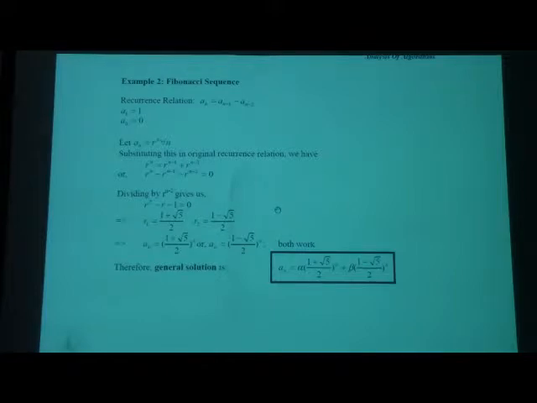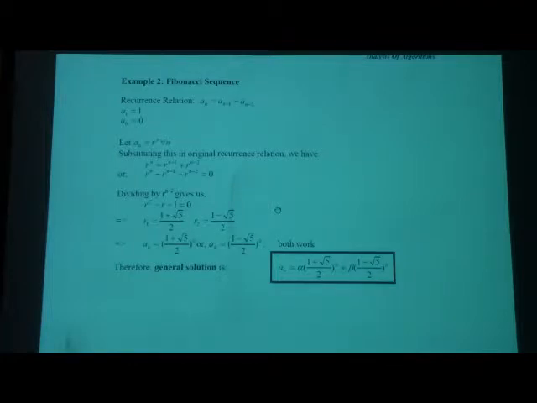We again divide by r^(n-2), and that gives us a constant here, a linear r here, and a quadratic r here. When we look at this equation, which is now a quadratic equation, we cannot factor it.